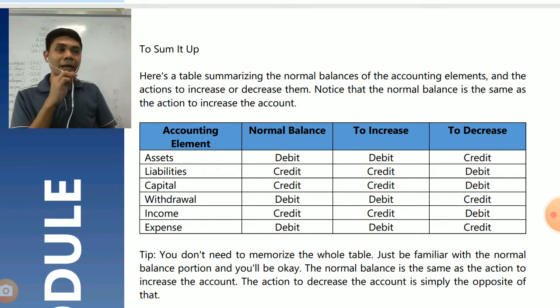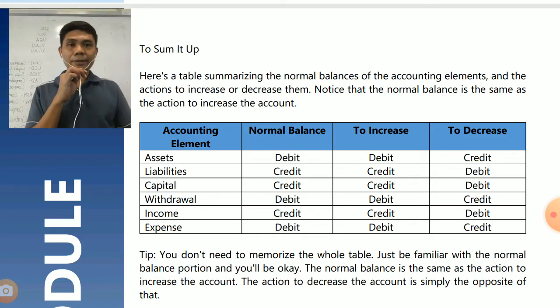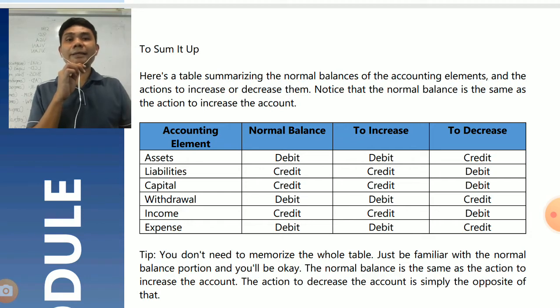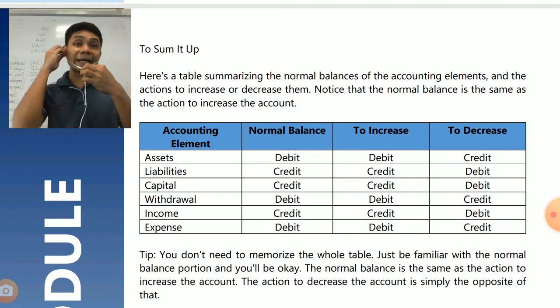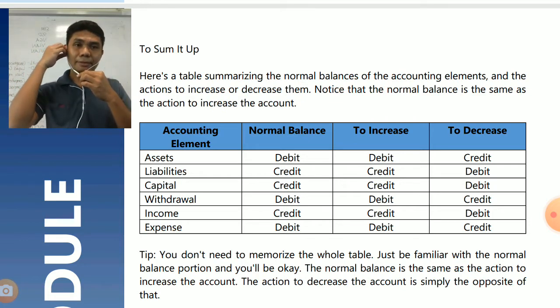Liabilities are financial obligations or debts of the business to other entities or persons. The normal balance of liabilities is credit, meaning if you want to increase your liabilities, you credit them. If you want to decrease them, then you record it on the other side, which is debit.